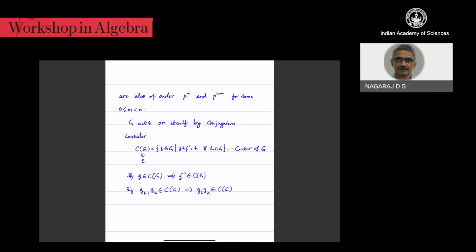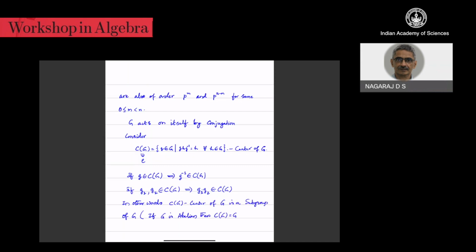In other words, the center of G is a subgroup of G. If G is abelian, then the center of G is the whole group itself.